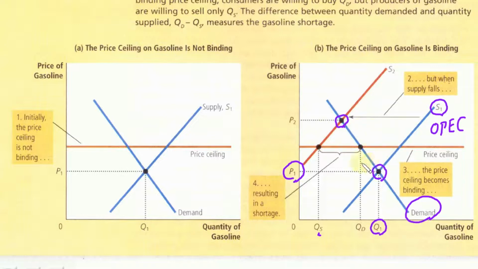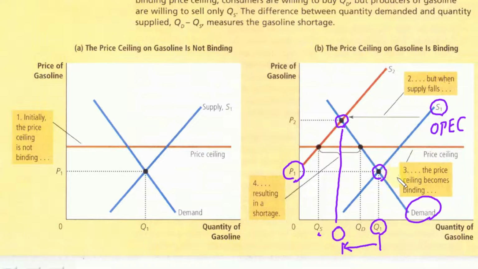Then the problem is that if OPEC decides this in the market, the quantity and equilibrium must be here, and then the quantity may be here. Okay, so the quantity will be reduced as much as this interval, right?